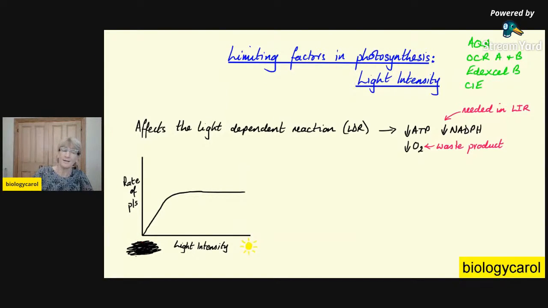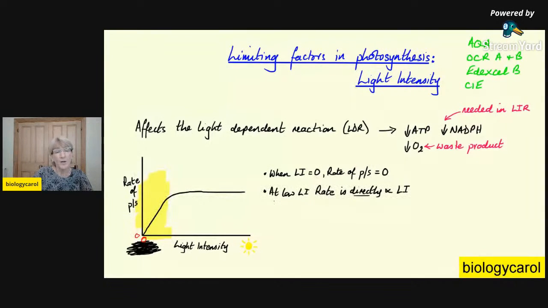Remember that here is really dark and here is bright light. And if the light intensity is 0, then so will the rate of photosynthesis be 0. And that's important because at low light intensities, the rate is directly proportional to the light intensity, because when one is 0, so is the other.